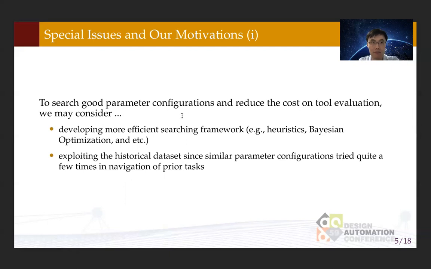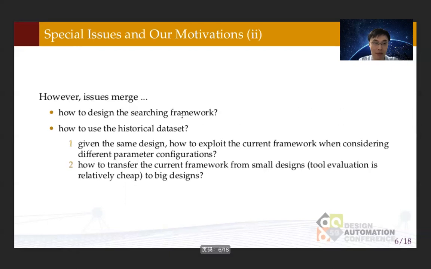But some issues may happen. First is how to design the searching framework to handle multiple objectives and save the runtime cost of tool evaluation. And the second is how to transfer the current framework from small designs to big designs.